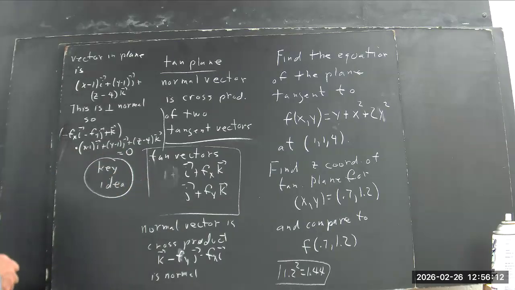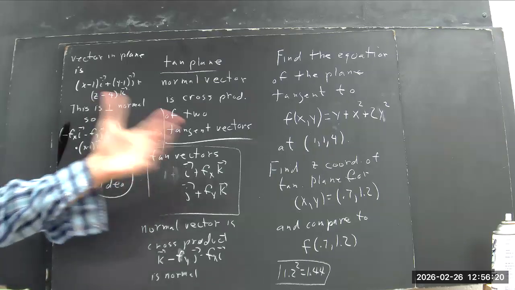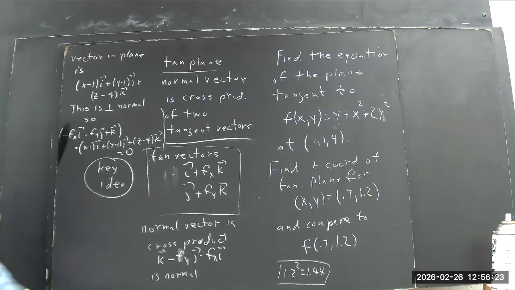I wrote that kind of small, but we did that in detail. We're just saying that because of the derivatives and the geometry of everything, these vectors are tangent to the plane.